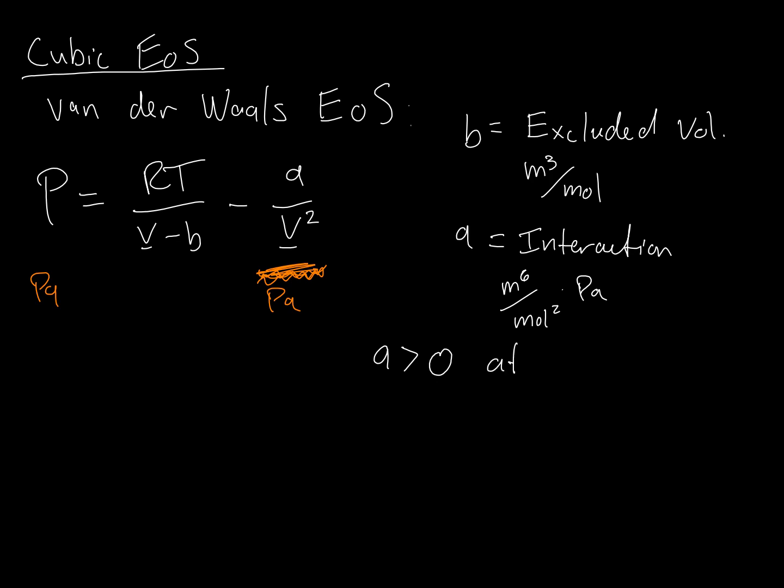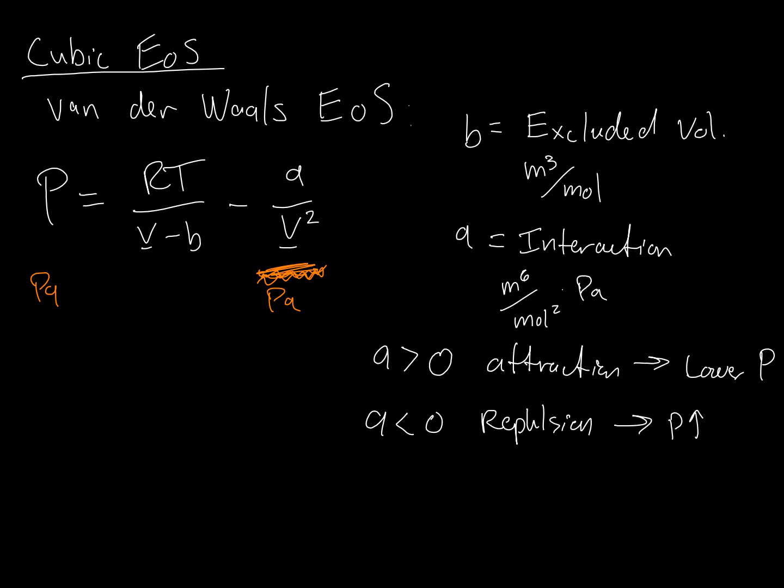So this is attraction. So it lowers the pressure. If A is positive, that means that this term is pulling down the pressure that is being exerted against the wall. So conversely, if A is less than 0, this is repulsion, where pressure goes up.